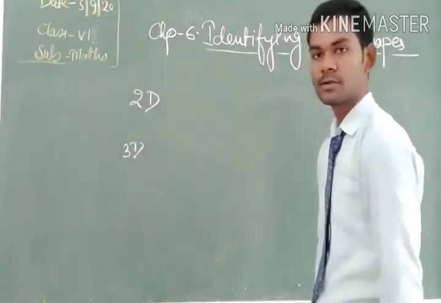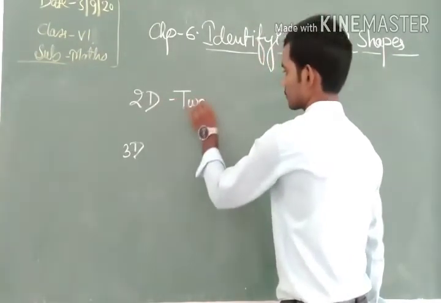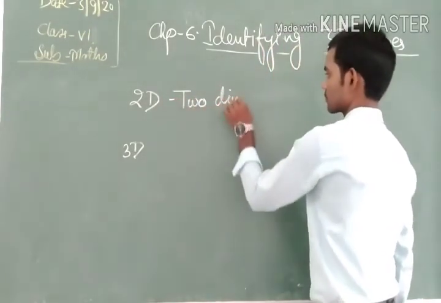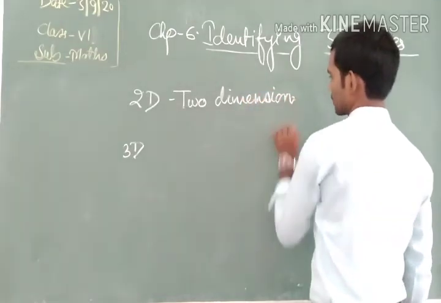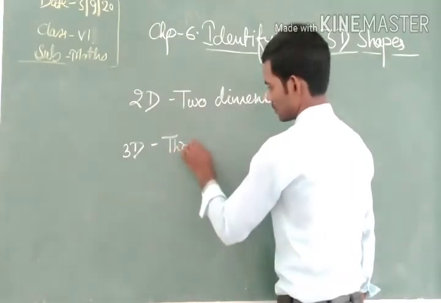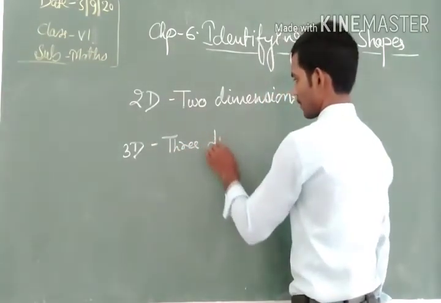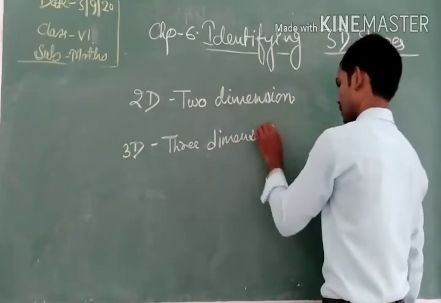The meaning of 2D is two dimensions and 3D is three dimensions.